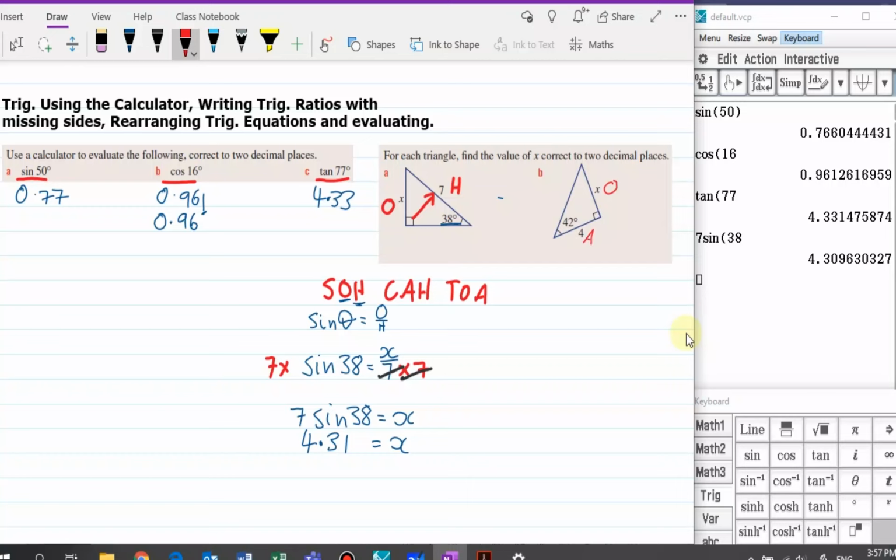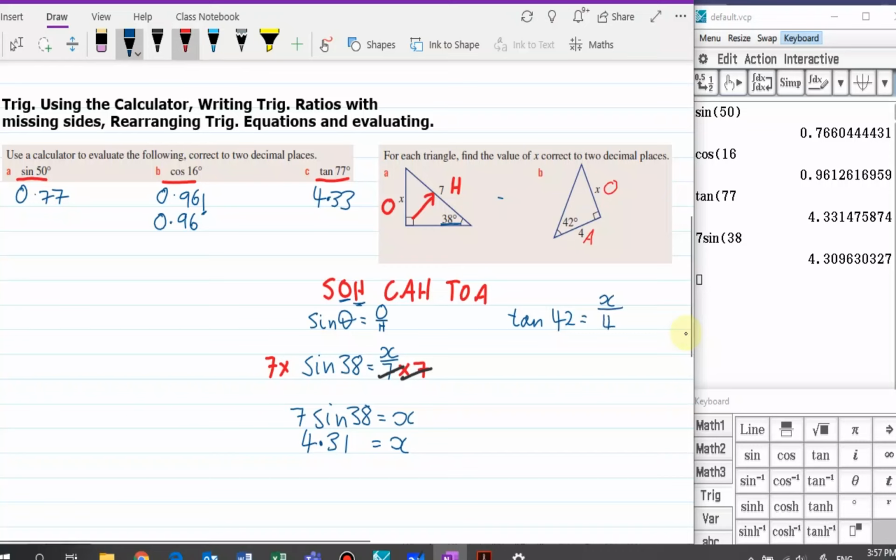So you look at which trig ratio has opposite and adjacent in it. TOA has opposite and adjacent. That means we're using the tangent to solve this one. So let's just plug everything straight in. Tan of the angle 42 is equal to the opposite x over the adjacent, which is 4.